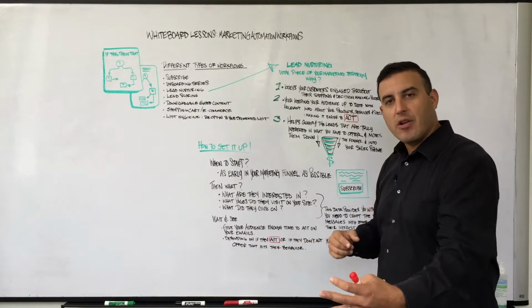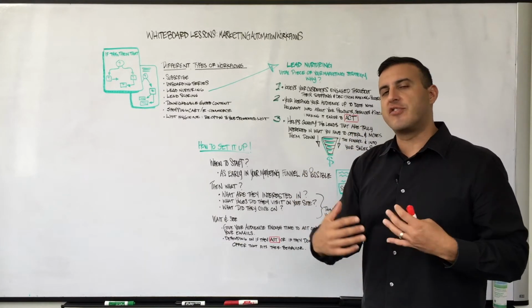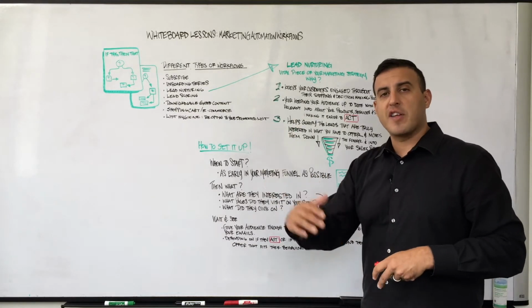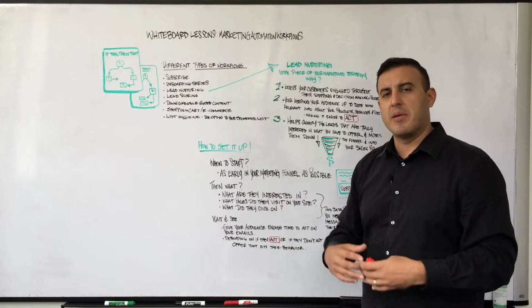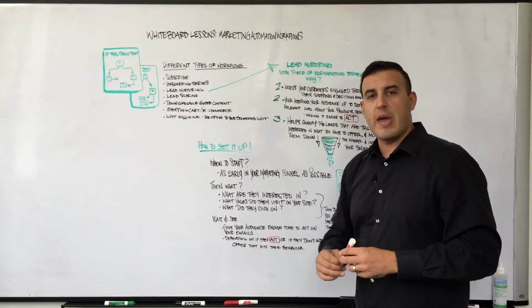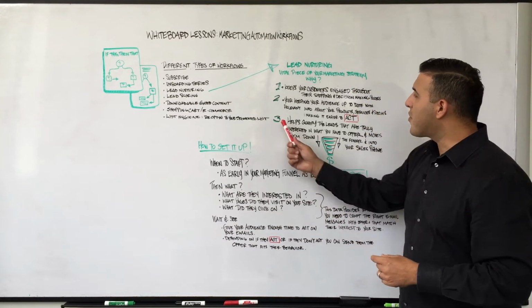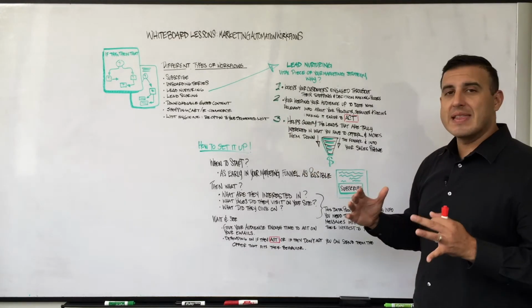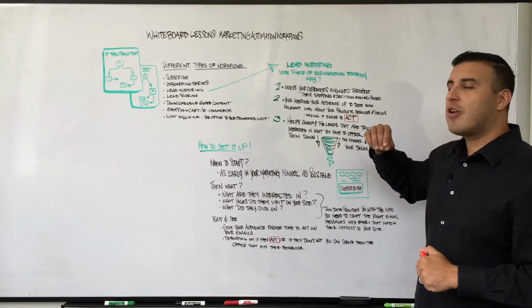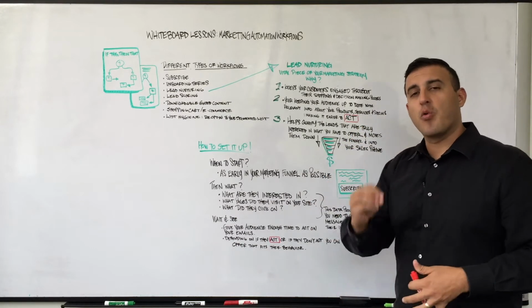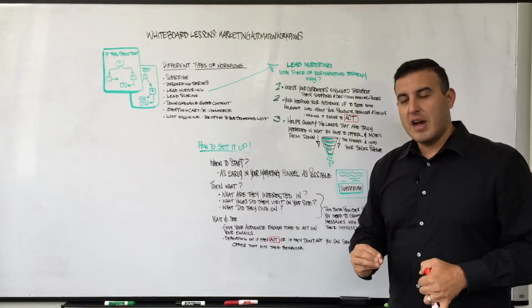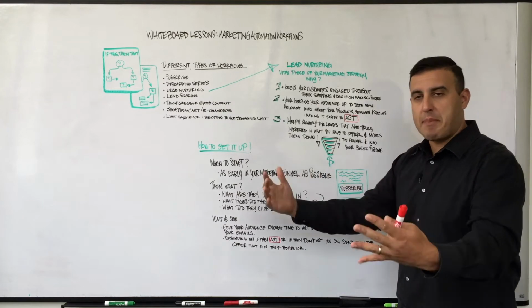Click on something, download something, really engage with you, so you can determine who are your hotter prospects, your hotter visitors in your audience, versus people that are just coming around, maybe kicking a tire, taking a look at what you have online. All right, number three, it helps qualify the leads. That way you can tell who's truly interested in what your product or service is or what that exact message is within your campaign.